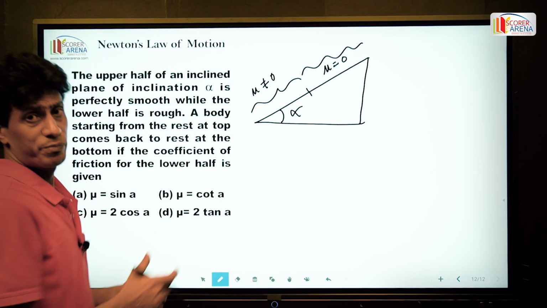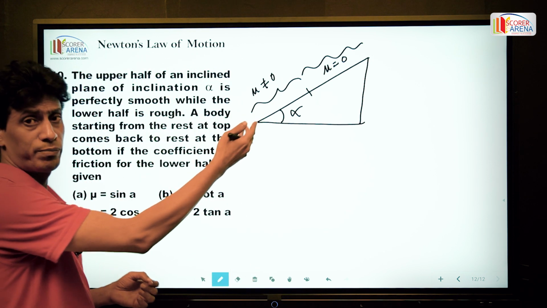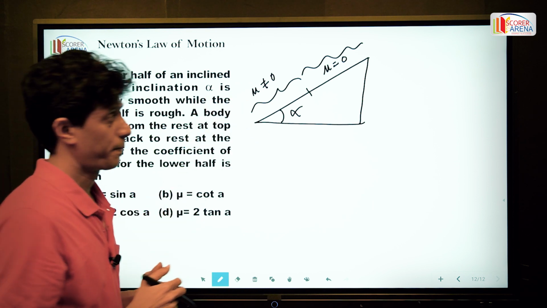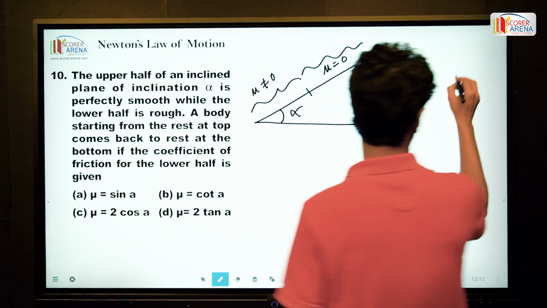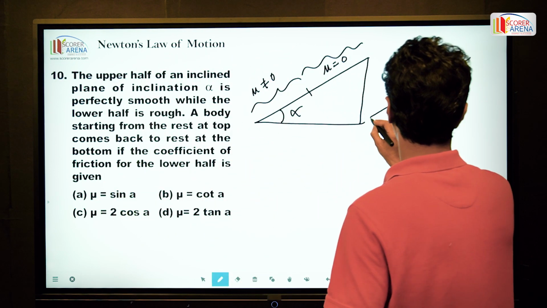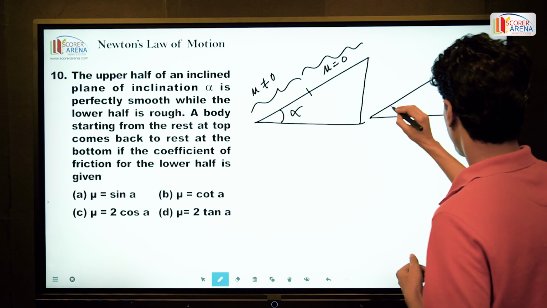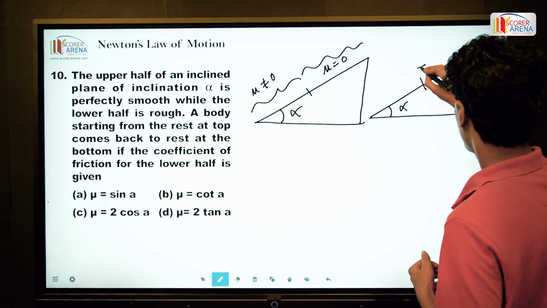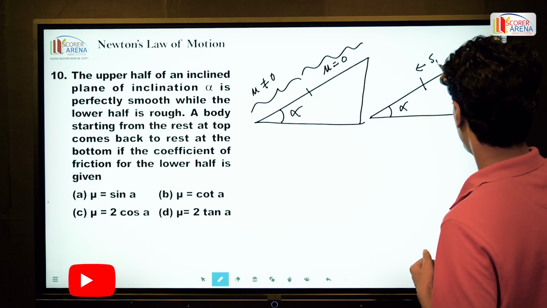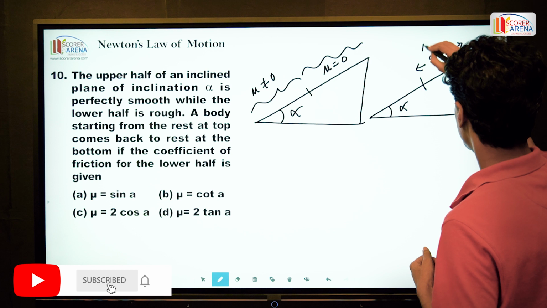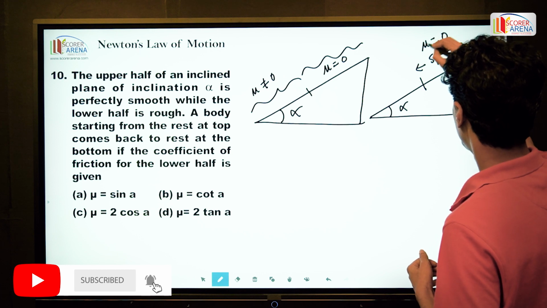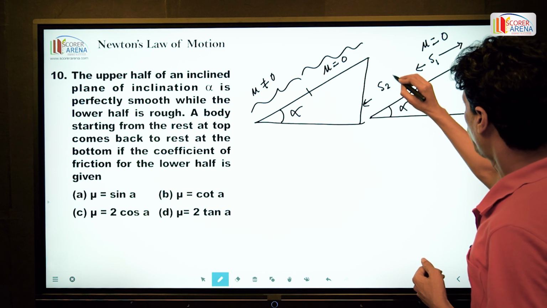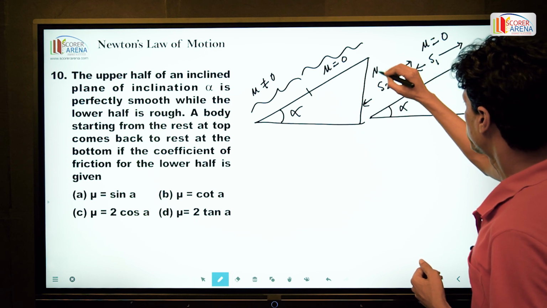So this is the specific problem asked. Half of the inclined plane is smooth and half is rough. But I will consider here inclination alpha, where the upper part is smooth and the lower part is rough.